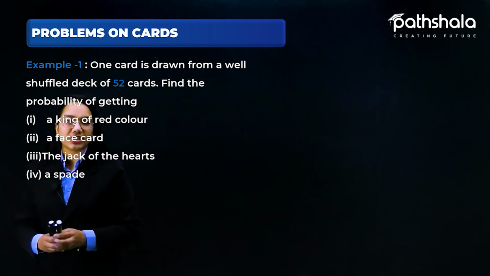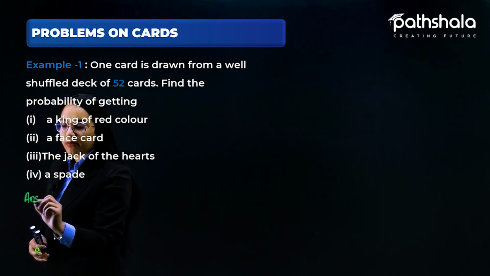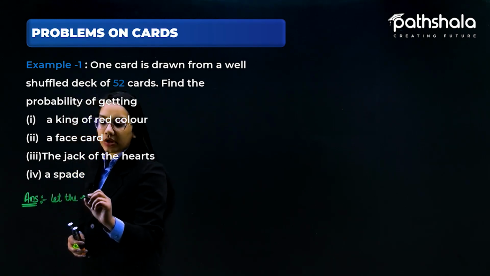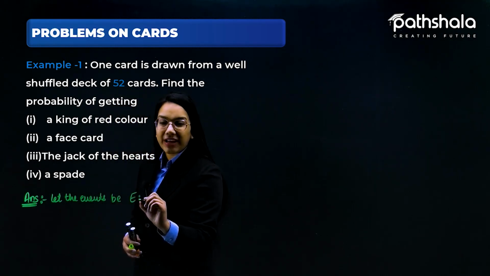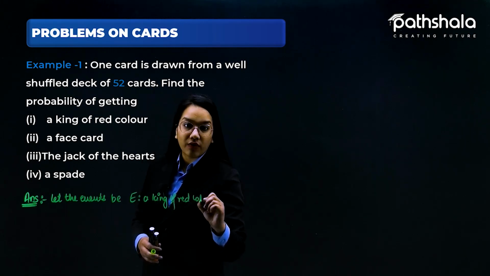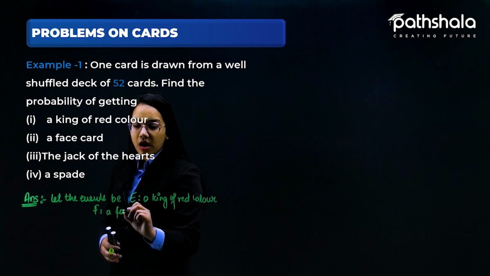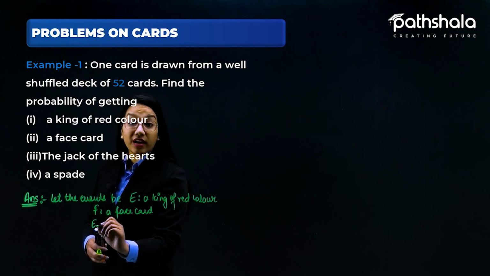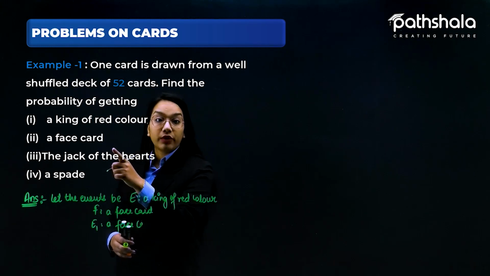First of all, let us start by assuming these are all events. Let E be a king of red color, F be a face card, and let E1 be a face card, so we have already assumed the face card.